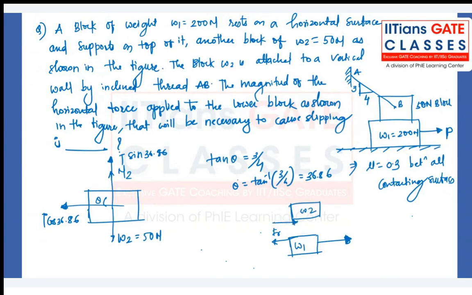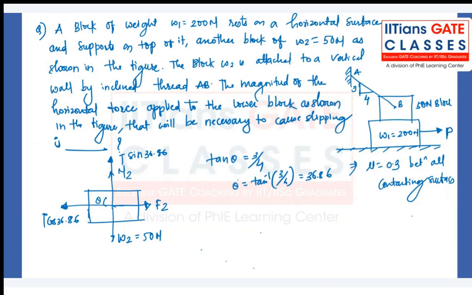So the frictional force is towards the right-hand side, and let's call it F2. F2 is the frictional force between the blocks W1 and W2.